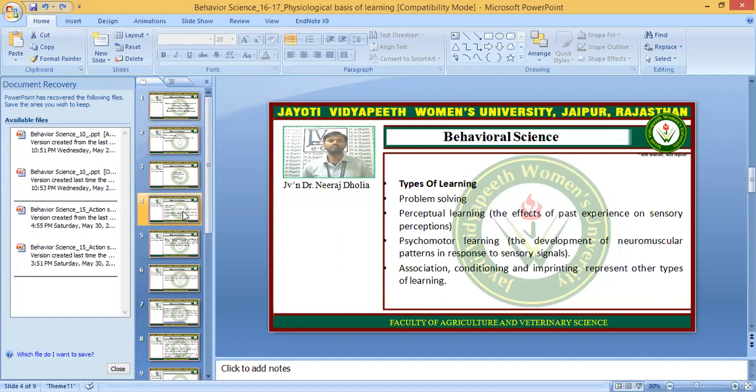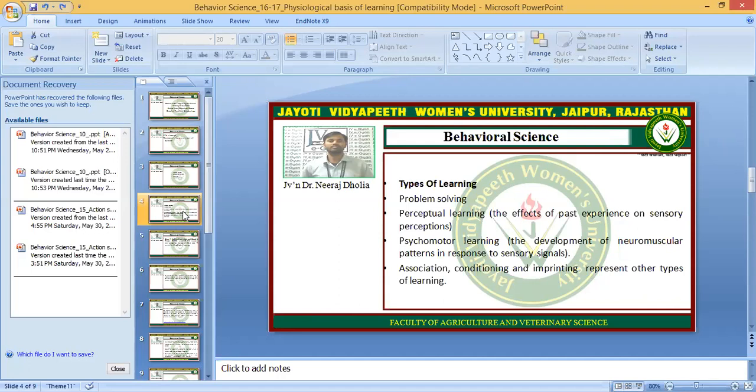Next is psychomotor learning, the development of neuromuscular patterns in response to sensory signals. These are developed in the neuromuscular system, and you can respond to similar types of sensory signals.